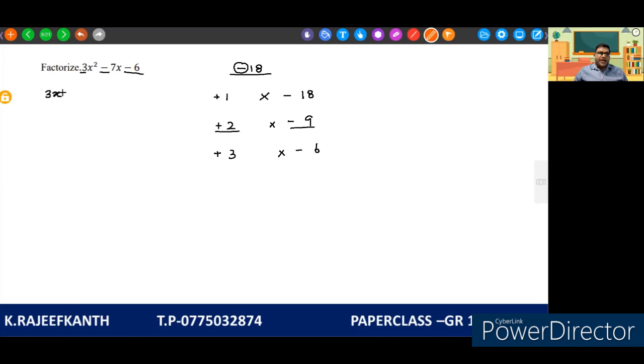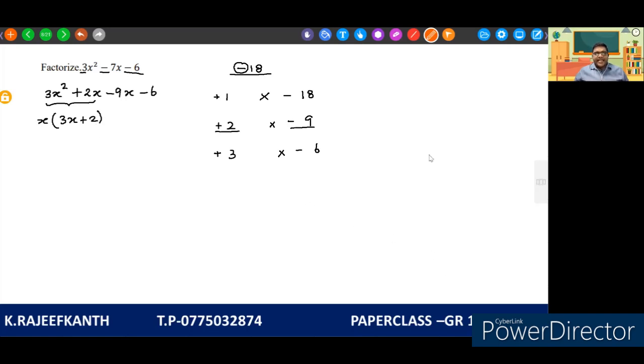So 3x squared plus 2x minus 9x minus 6. Right? Here plus 2x minus 9x is equal to -7x. Now we have to take the common factor from these first two terms. Here x is the common term, then 3x plus 2. Right?